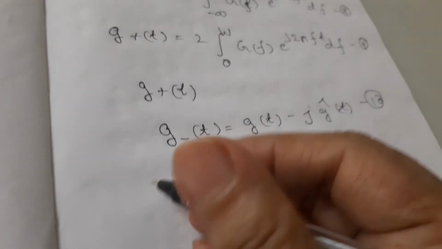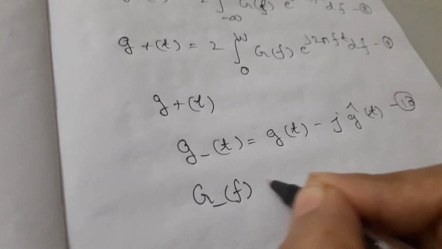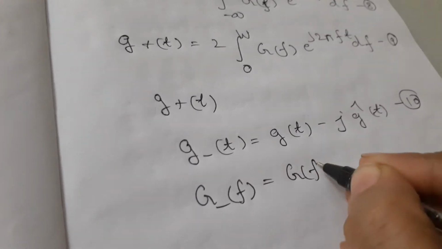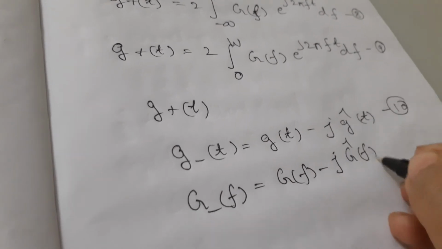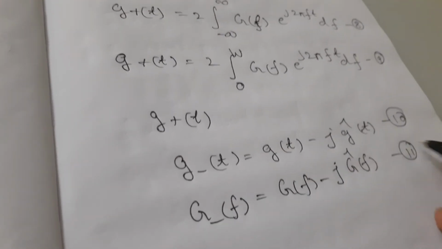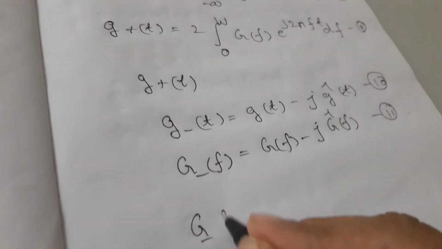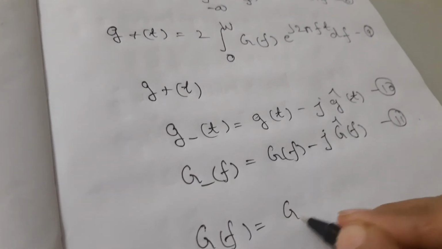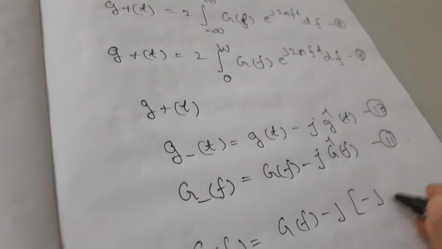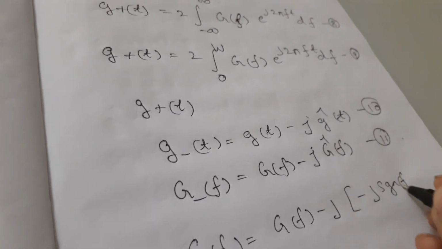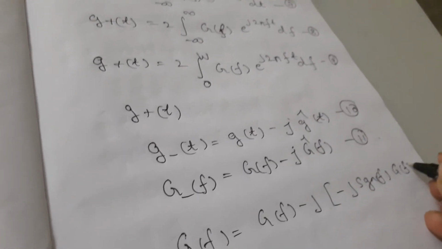Taking the Fourier transform on both the sides, we will have G minus of f equal to G of f minus j G cap of f. Let this be equation 11. Substituting according to the previous equation, G minus of f equals G of f minus j signum f G of f.